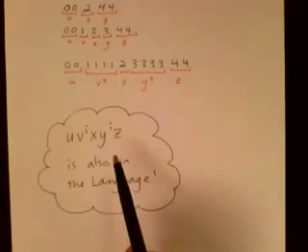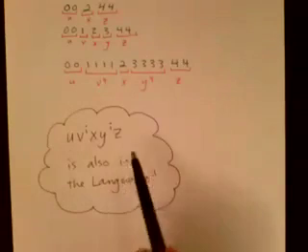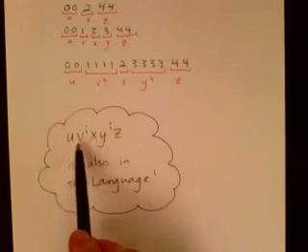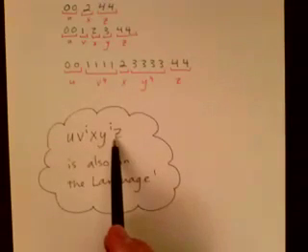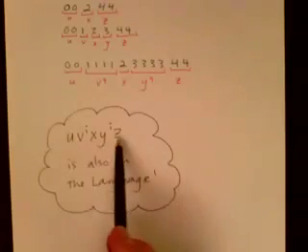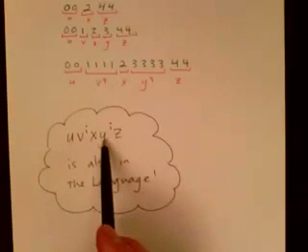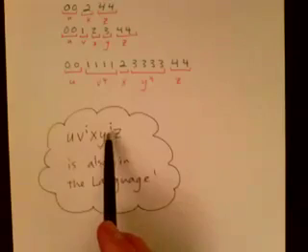So the idea is that with this recursion going on, the language is going to contain strings where the V is repeated and the Y is repeated.